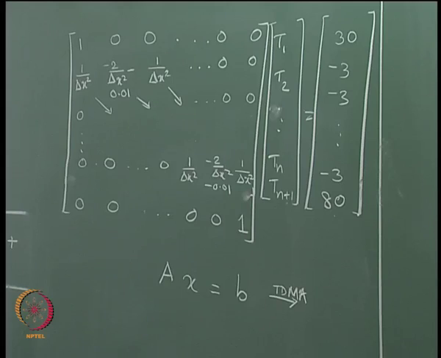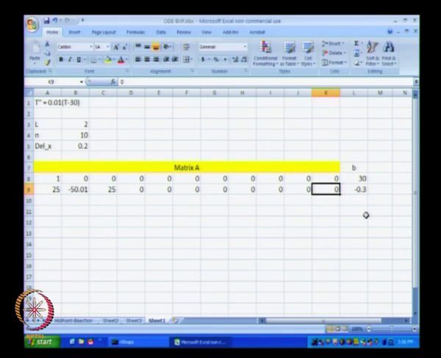And I think while writing on the board, I had made a mistake. On the right hand side, I had written all of those values as 3. Actually they should not be 3, they should be 0.3, because it corresponds to 0.01 multiplied by 30, which is 0.3.